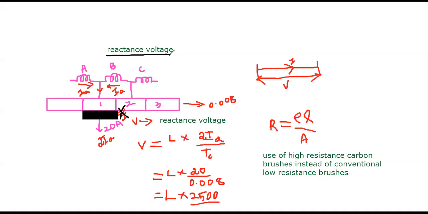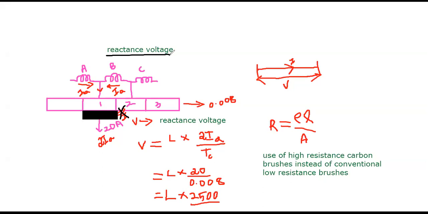So we go for replacement of the brushes with high resistance carbon brushes so that sparking will not come. The current travels from commutator segment 2 to the brushes via the air medium, and sparking comes because conventionally we use low resistance brushes. If we use high resistance brushes, the current will not enter through the high resistance medium while another low resistance path is available. So the sparking is eliminated.